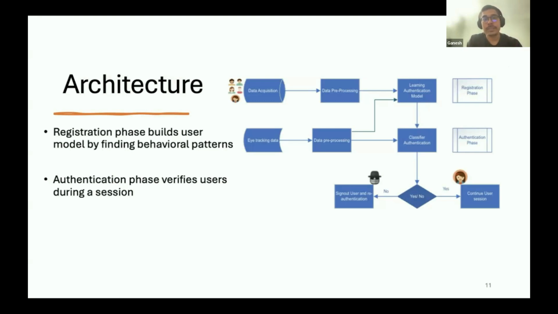During the authentication phase, the eye tracking data is collected while the user is using the VR headset, and it is authenticated using the user's behavioral model, and then we classify it as a right user or wrong user.